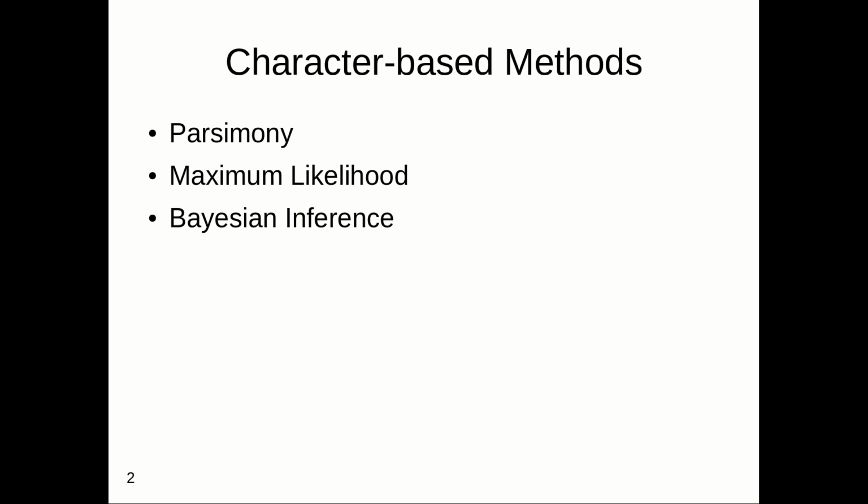So overall, to give you an overview, we have the character-based methods, and among those character-based methods we have parsimony, and then the two methods that are based on the likelihood function, that is maximum likelihood and Bayesian inference, that essentially computationally do the same thing when it comes to the bulk of their computations.